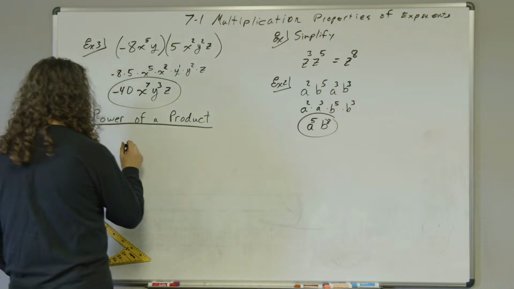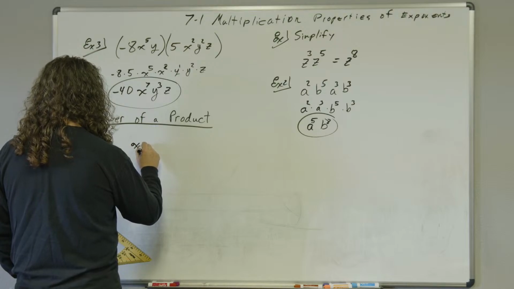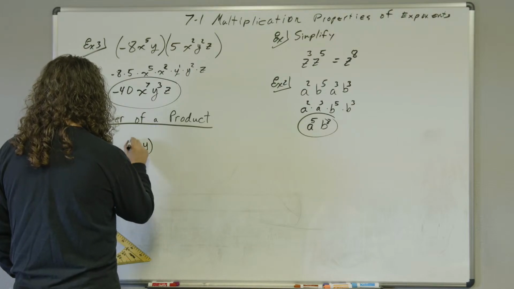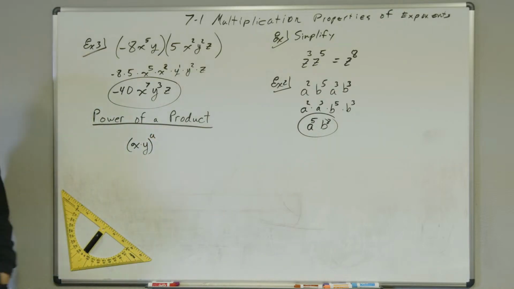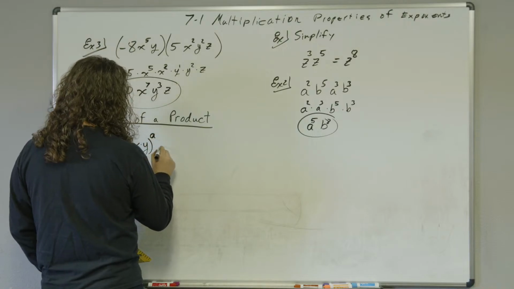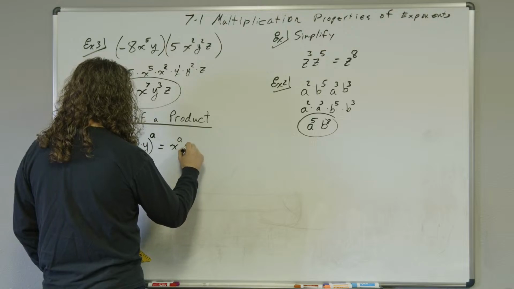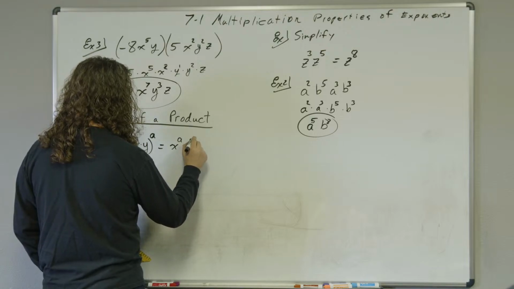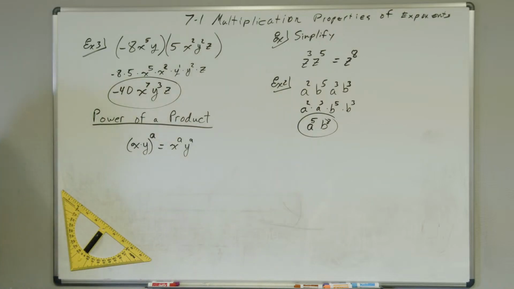So if we have x times y to the a, what do you think happens? It does go to both. So this would be x to the a, y to the a. Easy money. Let's do another example.